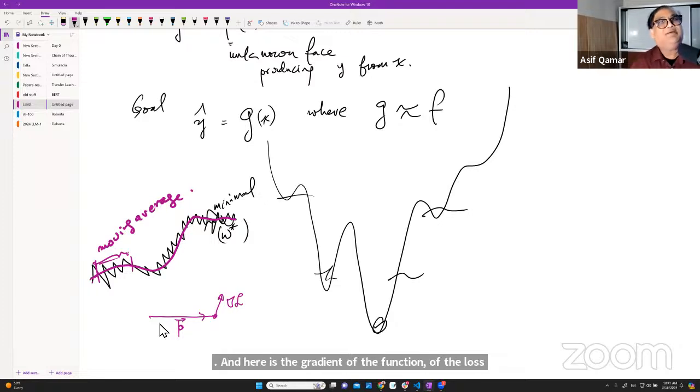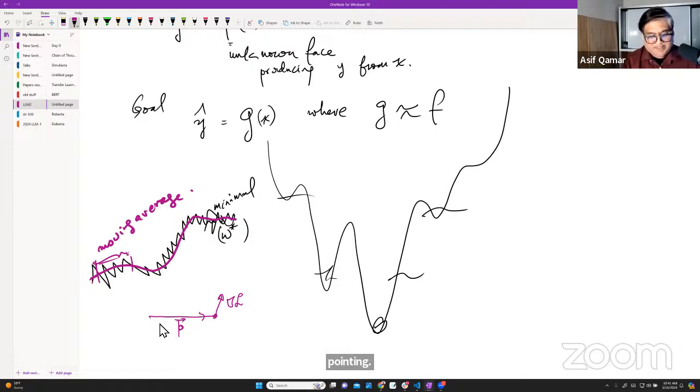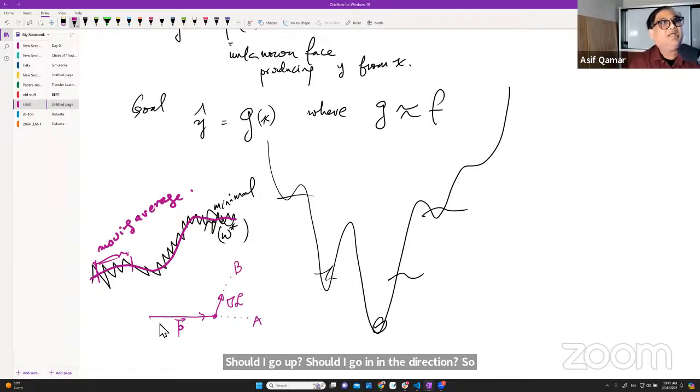Should I go up? Let's call that direction A and direction B. The moving average is saying, ignore the gradient, let's stay the course, let's go to A, whereas the gradient is telling you at this point, no, let's go towards B.